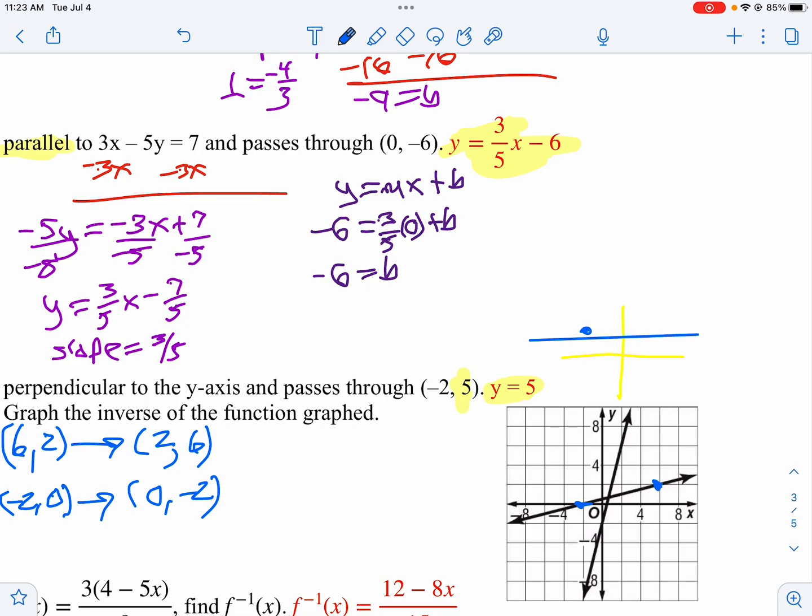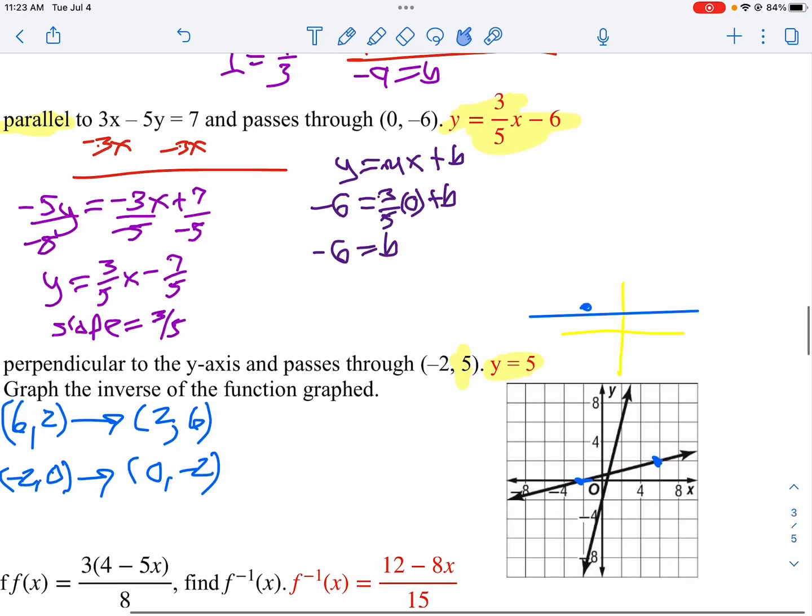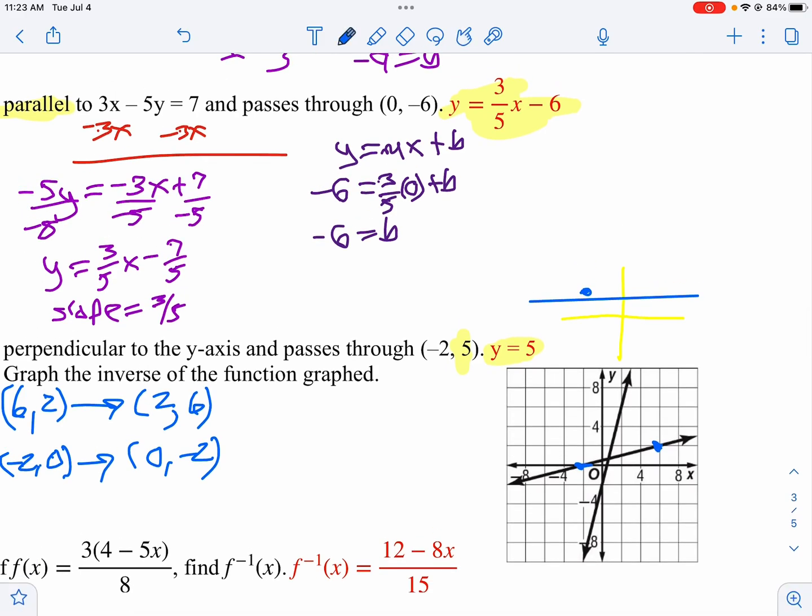Now I'll plot those 2 points and connect them with a line. So I'm going to plot over 2 and up 6, and I'm going to plot 0 and negative 2, and I'll connect them with a line.